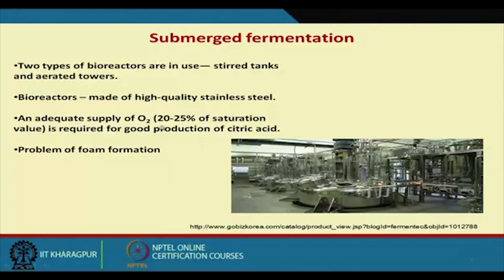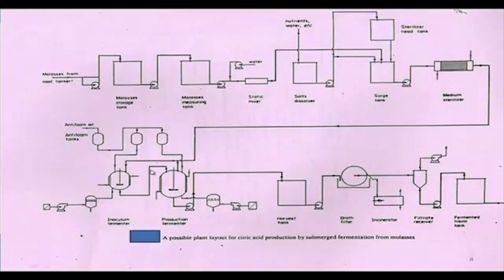An adequate supply of oxygen, 20 to 25% saturation, is required for good production of citric acid. The problem of foam formation is quite common, because it is an aerobic fermentation process. To subside the foam, we have to use anti-foam oil, and we put sterilized anti-foam oil in the reactor.